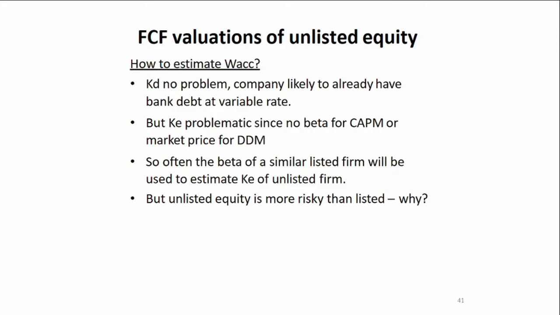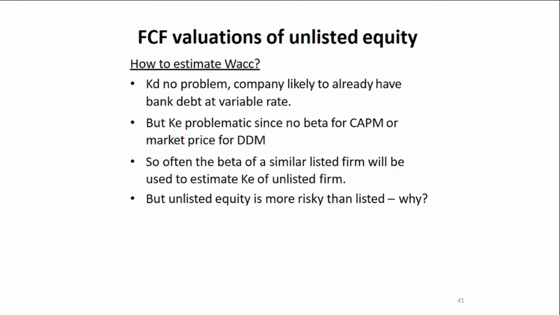So often what you'll find in practice is that if we are trying to determine the cost of equity for an unlisted company, often the beta of a similar listed company will be obtained, and this can be used as a starting point to estimate the cost of equity of the unlisted company. But remember, if we are using the cost of equity of a listed company to value an unlisted company, there are going to be differences in the financial risk and business risk between the listed company and the unlisted company.